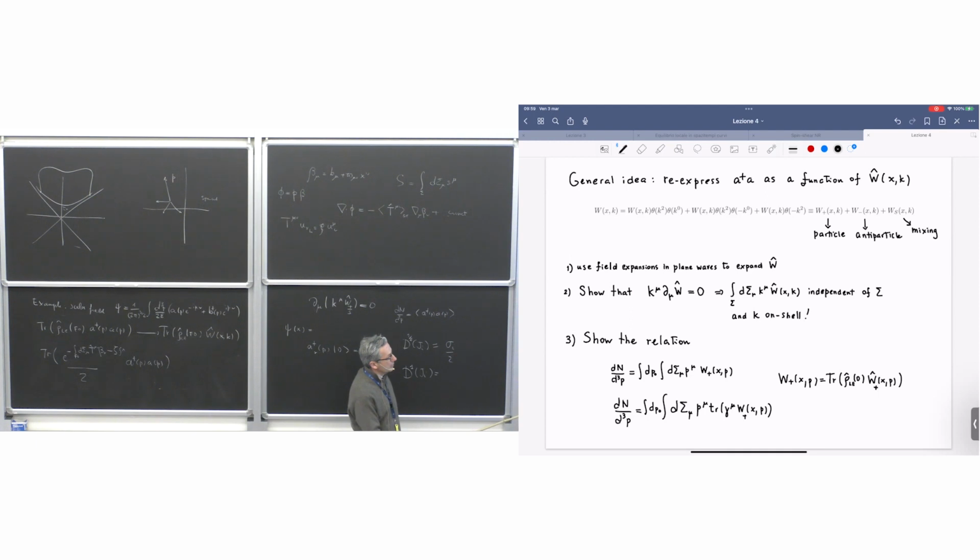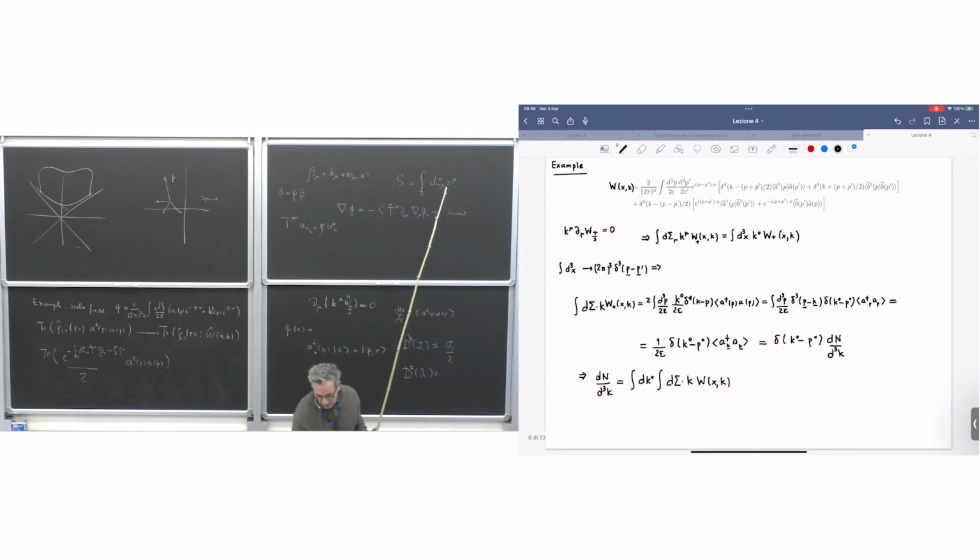So these are relations for the spin 0 and spin 1/2 cases. This is not difficult to obtain, and I'm showing you here a derivation in the scalar case. So in the scalar case, maybe we can go on, or would you like to have a break now?